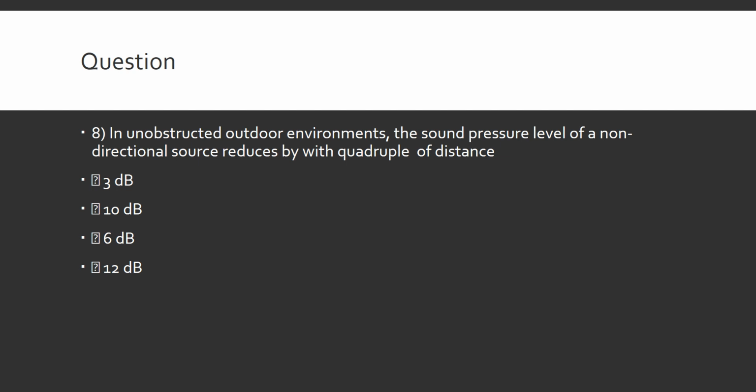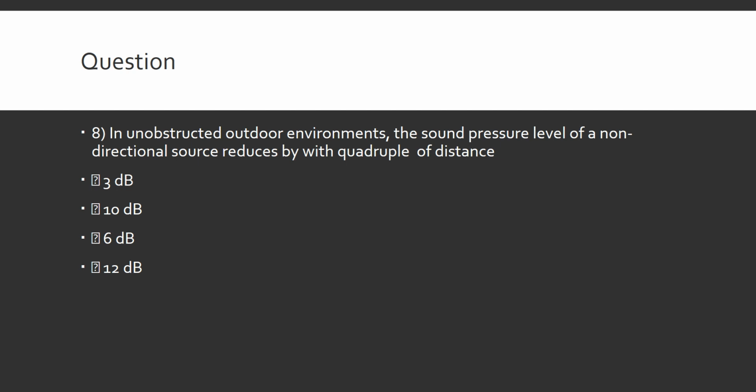In this case, the distance has increased by quadruple, so the sound pressure level will reduce by 12 decibels, because when it doubled there is a reduction of 6, and when it doubled again there is another reduction of 6.